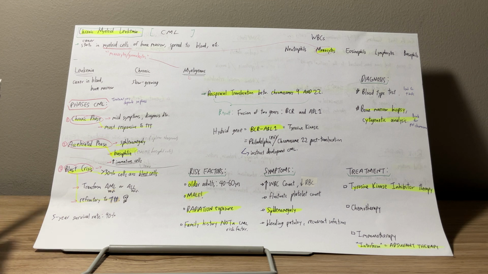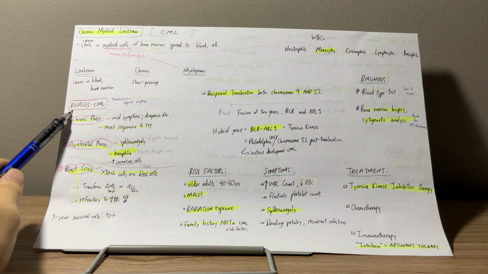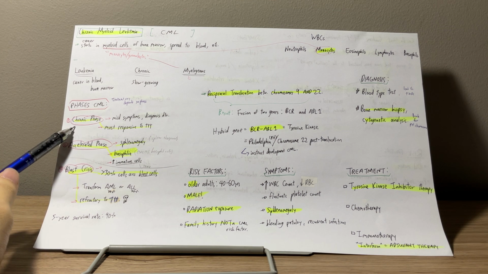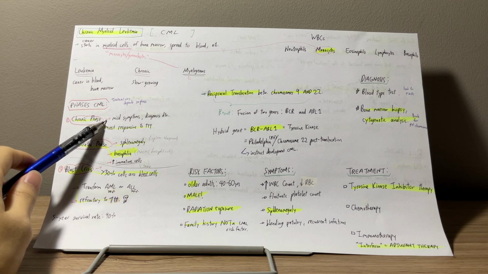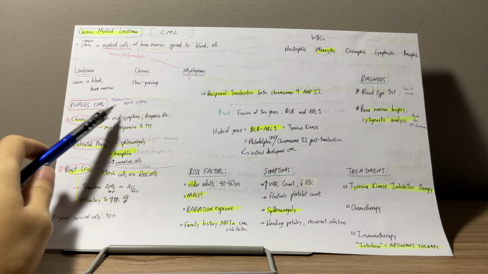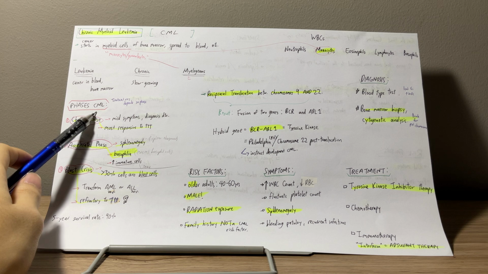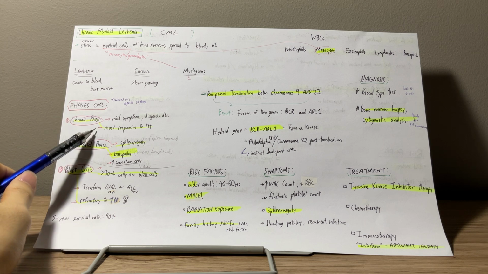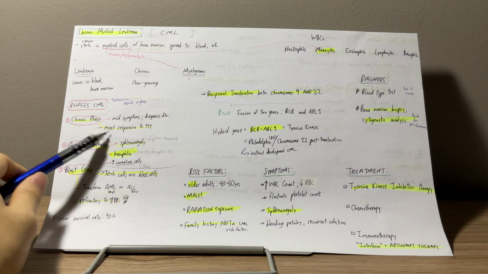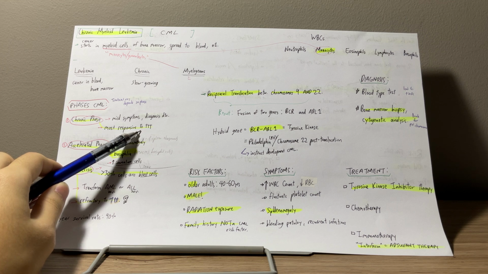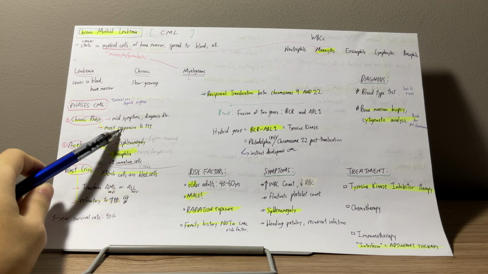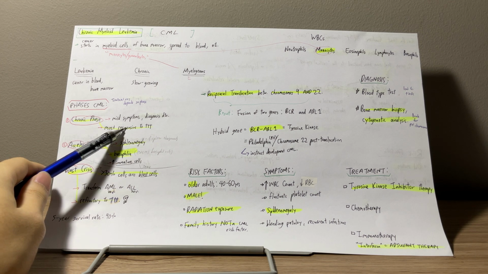So, what are the phases of CML? So first, we have the chronic phase. We have mild symptoms. This is usually the time when you get diagnosed with CML. And treatment, what does TTT mean? I know there is a word for that.